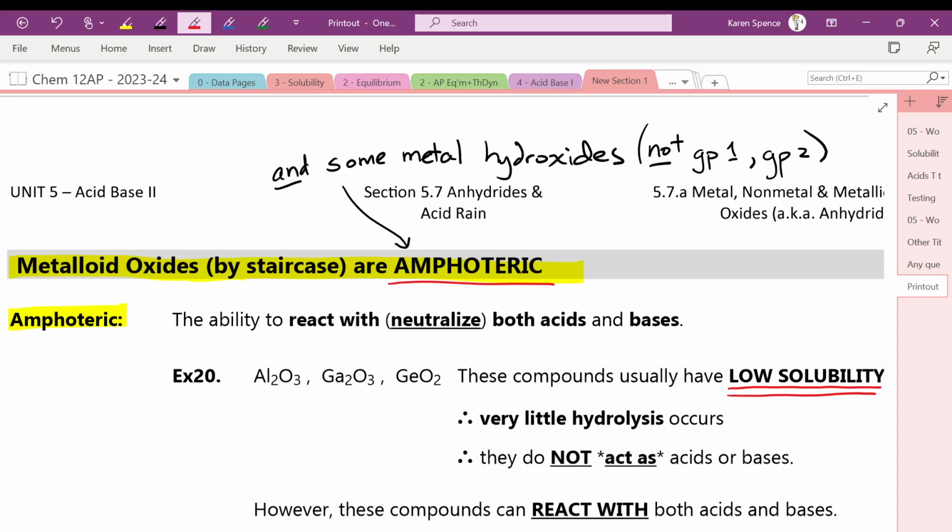That's why they're not amphiprotic. Because if they were amphiprotic, if I dumped them in, they would make some hydronium, they would make some hydroxide. We would compare their Ka with their Kb and determine which one prevailed.